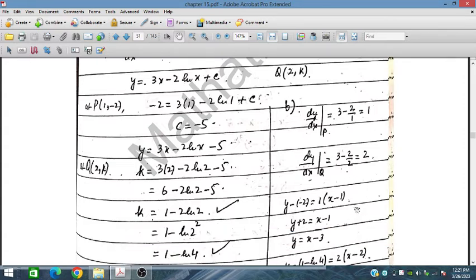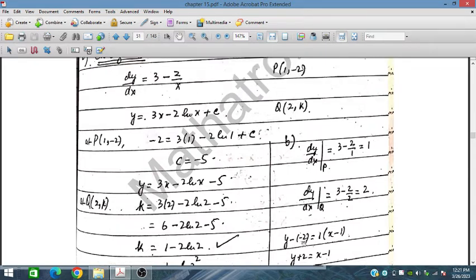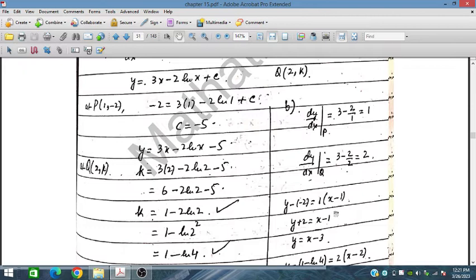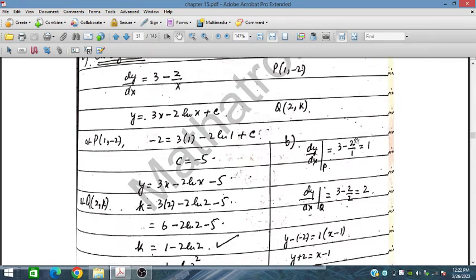So the equation for gradient number 1, the equation of the line is y minus, this is minus 2, so here we have minus 2, and this gradient is 1, and x minus 1. So from this we have y plus 2 equals x minus 1, and y is equal to x minus 3. So this equation is obtained from part P with this gradient.